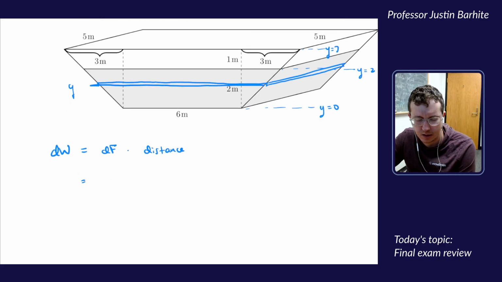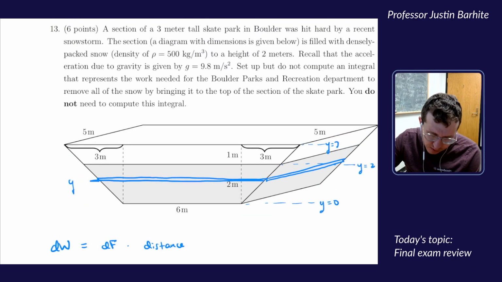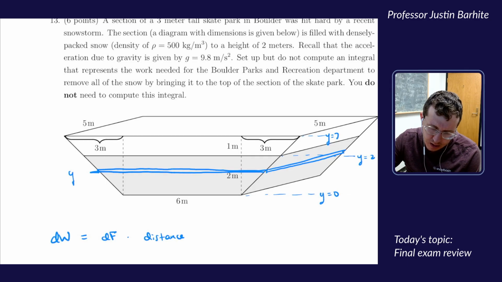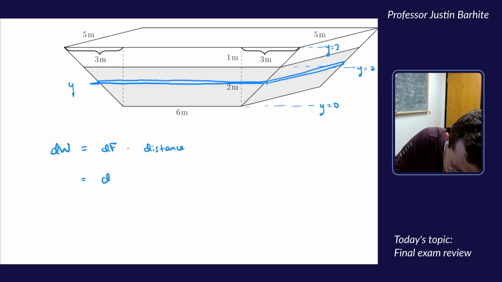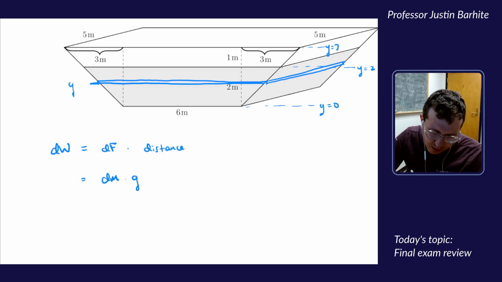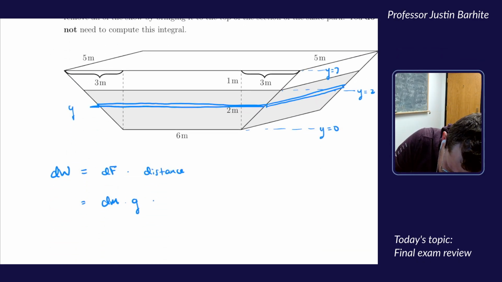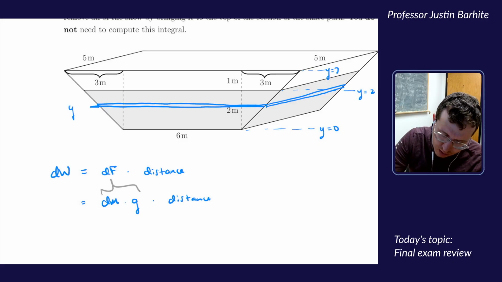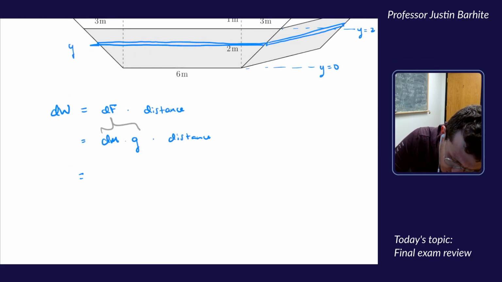Force, well, we are counteracting the gravitational force when we lift this out. And the force is the mass times g, the gravitational constant. And then mass is density. I think they called it rho. Yep, density times volume.